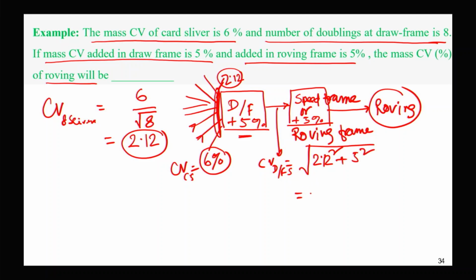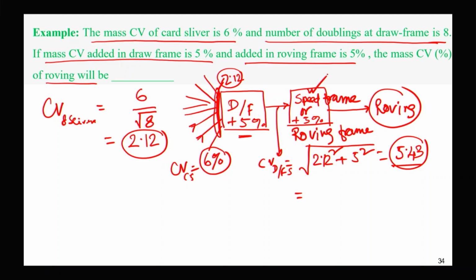So it will become 5.4243. So 5.43 is the CV of the draw frame sliver.